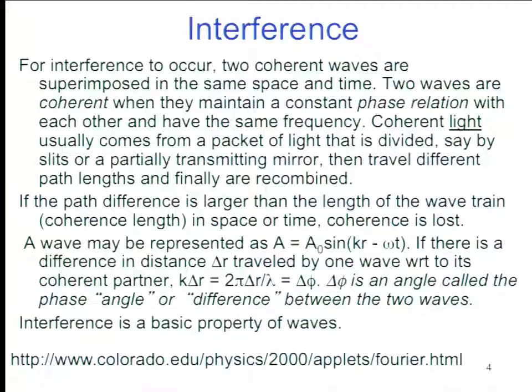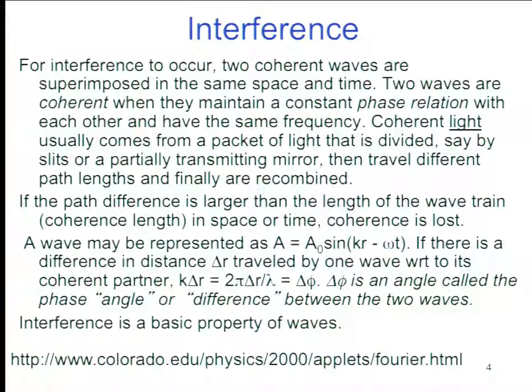Then when we do interference, what we're doing is adding up A1 plus A2 in some place in space, the same space and time. So now if we take the case A1 is equal to A2 to make life simple, we can add these, and now I don't remember this from trigonometry because it was a while ago, maybe you do.